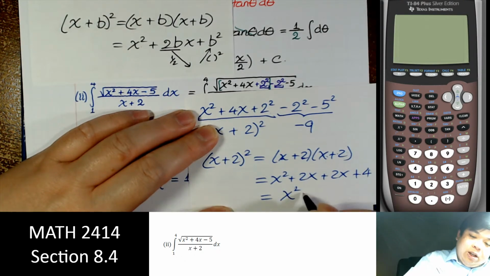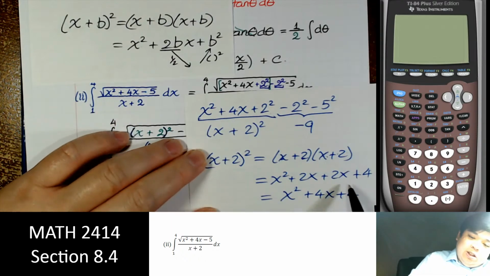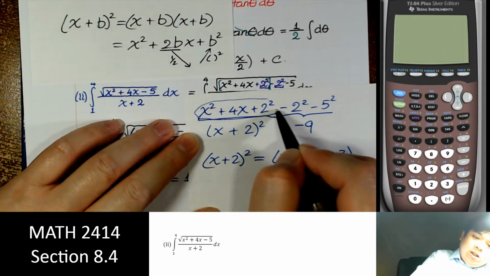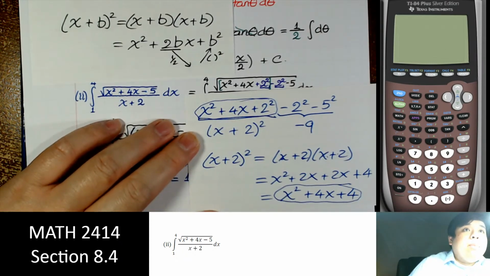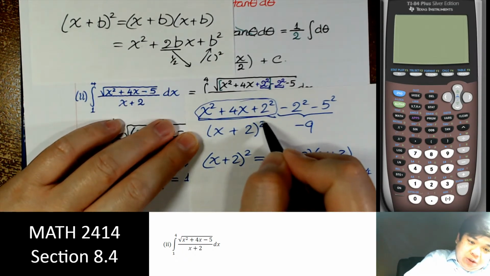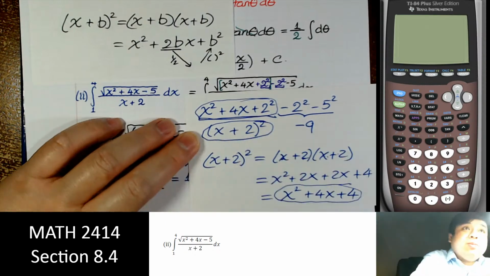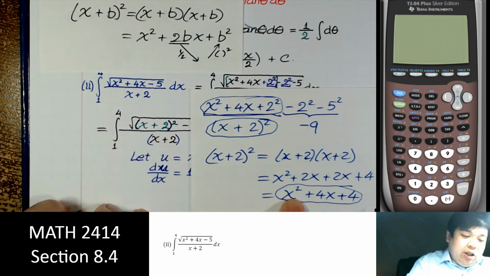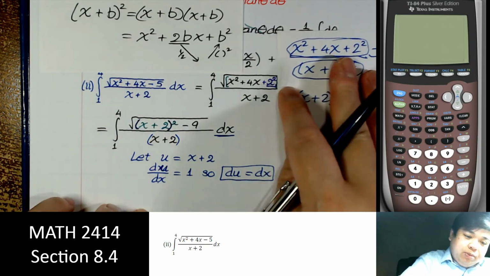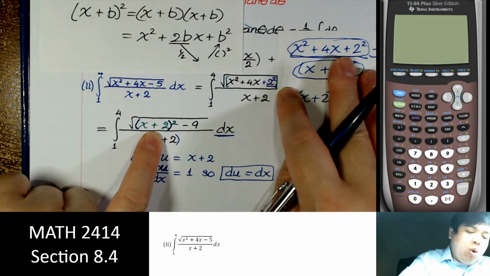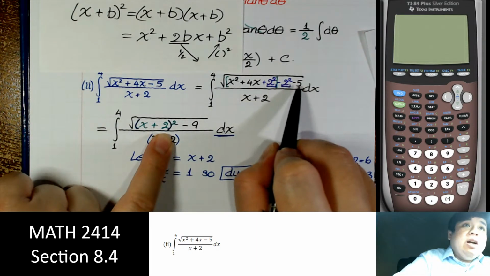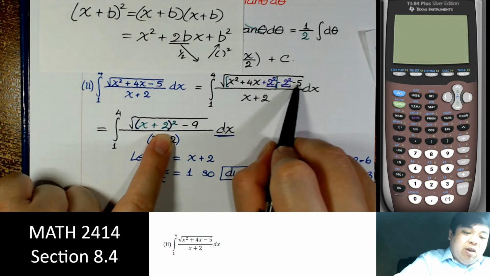So x square plus 4x plus 4, which is this, which is equal to this. So those two are equal. So those 3 terms turn into an x plus 2 square, and then the 2 square is 4 minus 4 minus 5 is minus 9.